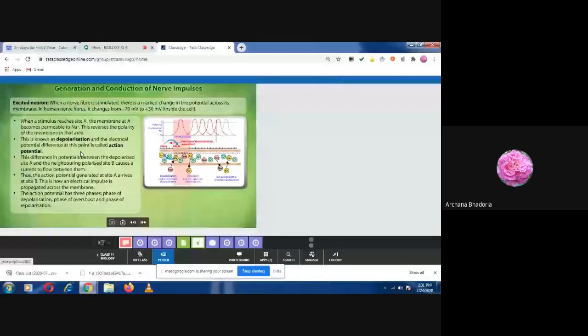Now what will happen? So write down, when a nerve fiber receives the impulse, it is stimulated, and there is a marked change in the potential across its membrane.